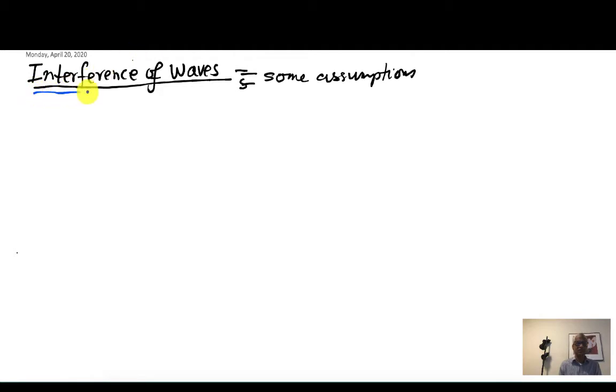So first, what happens is when you have two waves come in, and in some region here, some space here, say a screen, and say these are two light sources. It can be a light wave, a sound wave, a microwave.